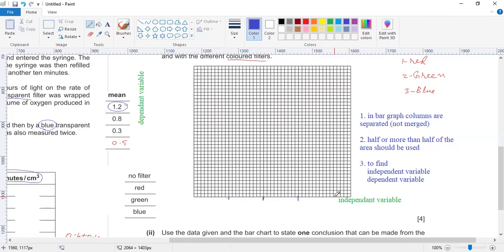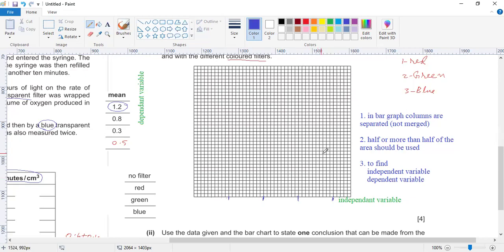It is somehow clear. So this is 10. Okay.